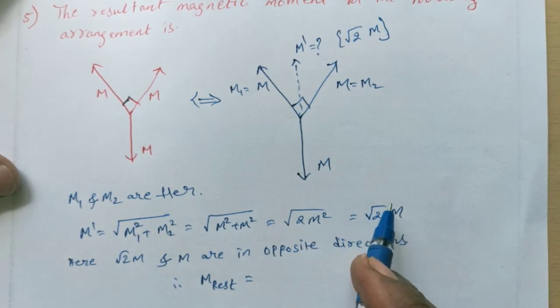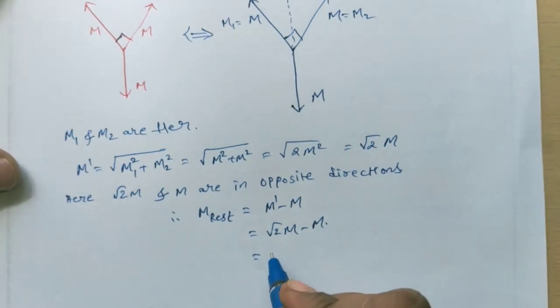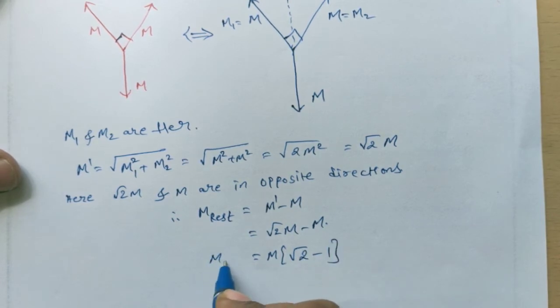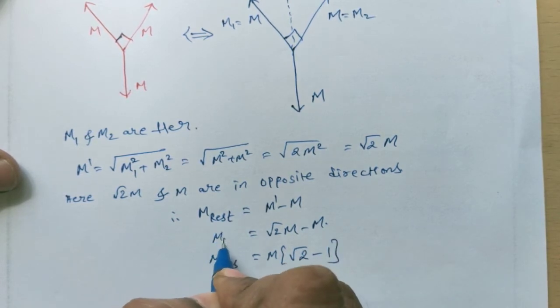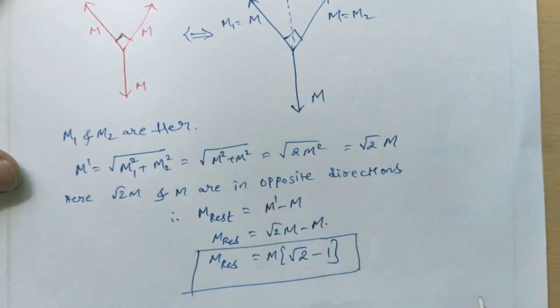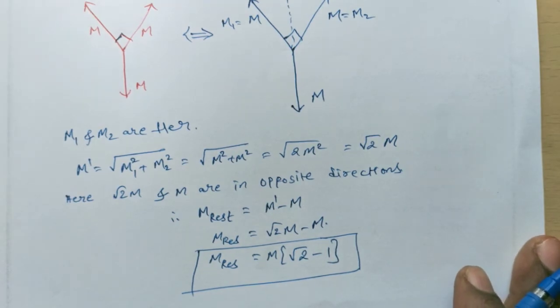Root 2m is the greater value and the least value is m, so m resultant is m dash minus m, which is root 2m minus m. Taking m common, we get m times root 2 minus 1. Like this we can easily find it. This is the simple solution for you.